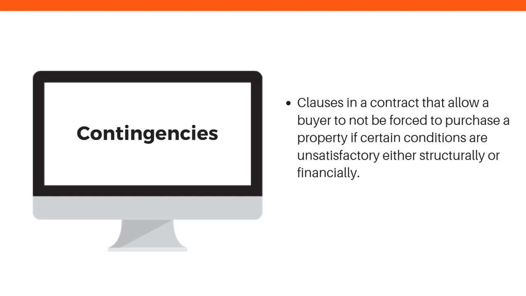So one contingency, for example, is the inspection contingency. You can have this in a purchase agreement, and it basically lets you back out of a contract with a seller if you find out the property has a bunch of unrealistic problems that cannot be fixed, or maybe it's got a bunch of problems that the seller is not willing to take care of and fix before letting you take over the property.